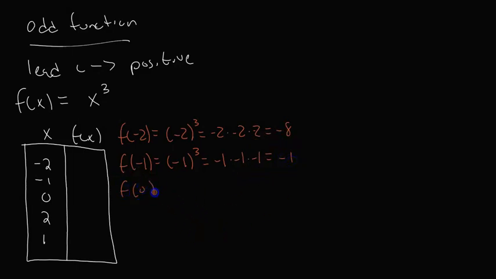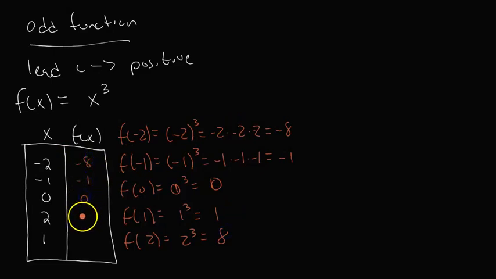Then f of 0 is 0 cubed, which is 0. f of 1 is 1 cubed, which is 1. And f of 2 is 2 cubed, which is 8. And so we result with -8, -1, 0, 1, and 8.